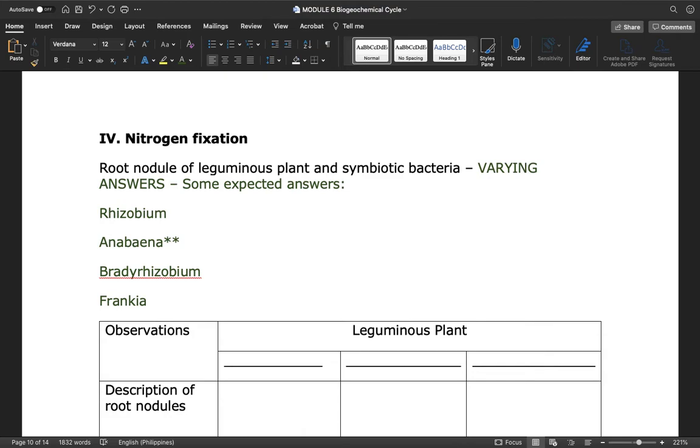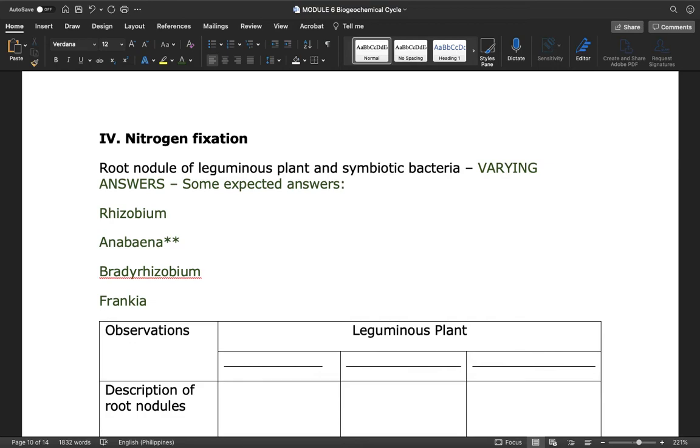So nitrogen fixation, as we've discussed in our lecture, is a process where atmospheric nitrogen is converted to a form such as ammonia, para readily ma-assimilate siya, or readily can be assimilated or further oxidized to more easily assimilated forms, like nitrites and nitrates.